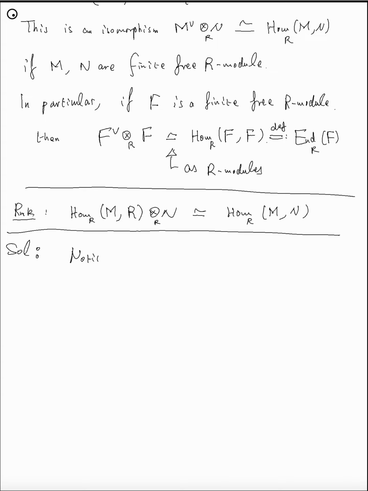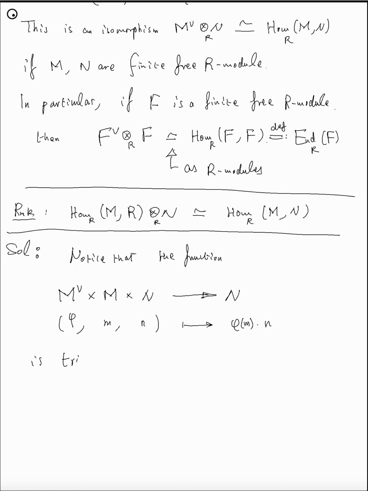Notice that, starting from the left hand side to the right hand side, the function from M dual product with M and product with N, then give N, is defined by: you have phi in M dual, an element of M, an element of N, and you use phi of m, which gives R, and the action on n.